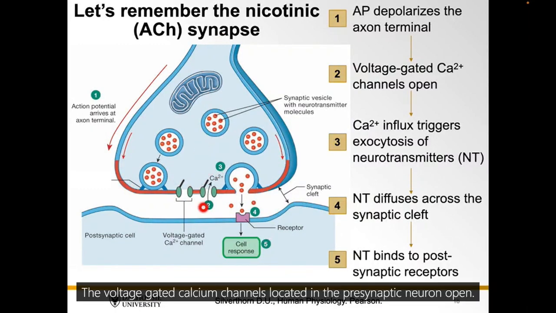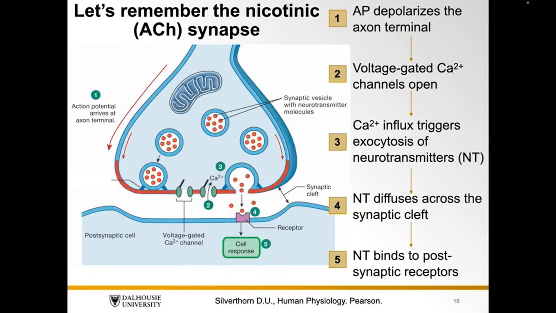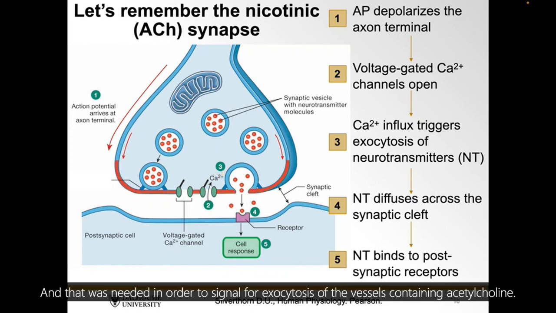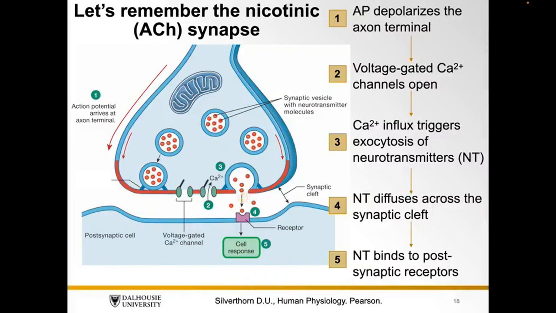Then voltage-gated calcium channels located in the presynaptic neuron open, and that triggered the influx of calcium. And that was needed in order to signal for exocytosis of the vesicles containing acetylcholine. When acetylcholine is released, it binds to its receptor on the postsynaptic membrane, or in the case of muscle, on the muscle cell. So what we've learned in the neural physiology part still applies to the neuromuscular junction.